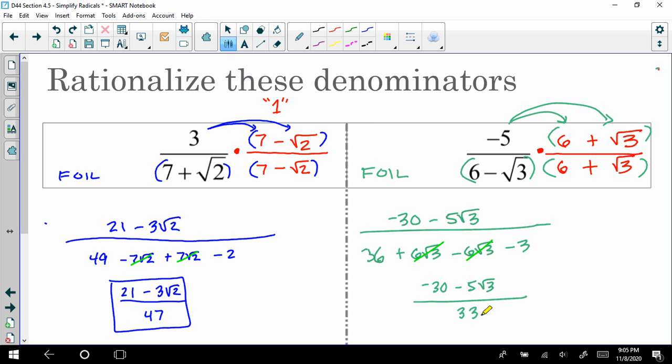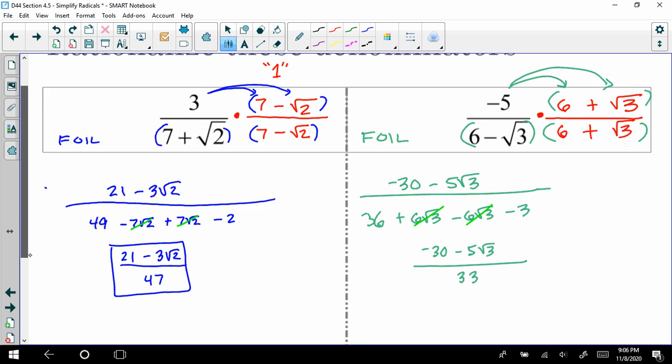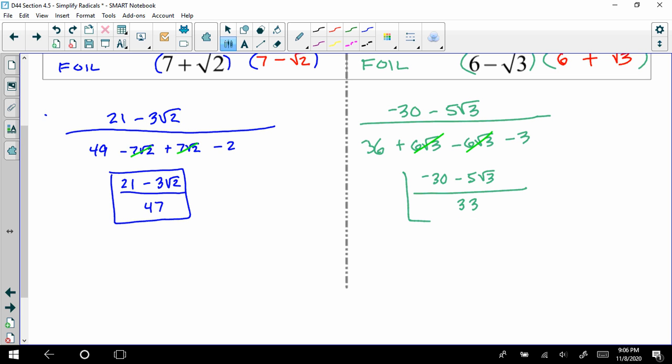Okay. Now, with this particular problem, I'm going to box that as an answer, but I also want to show you there's a part of this problem that simplifies. If you take each piece and divide it by 33, notice what the result would be for one of the fractions. There's a smidge more simplifying that could take place.